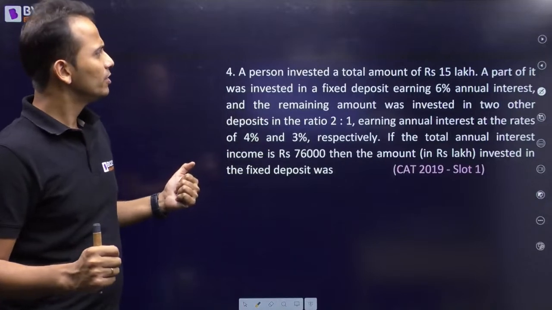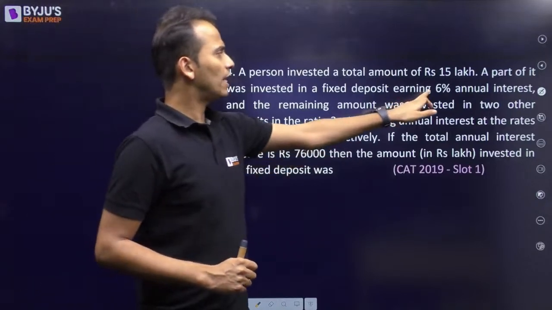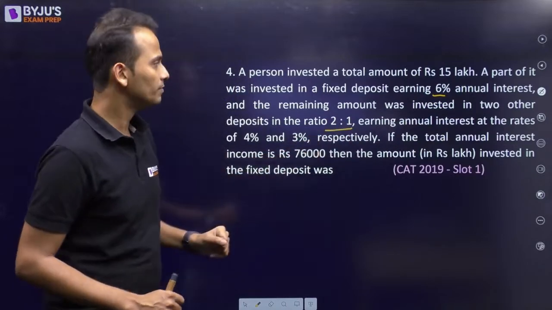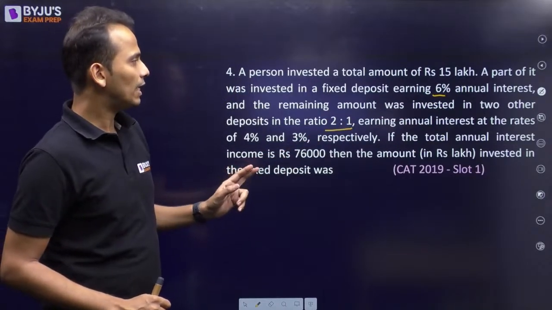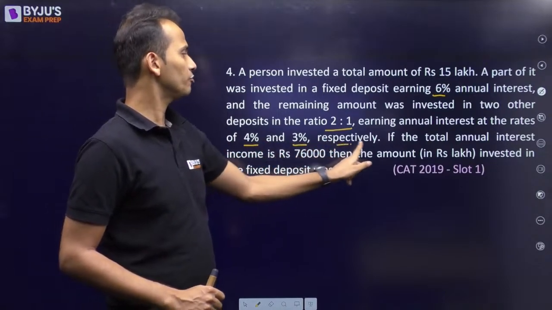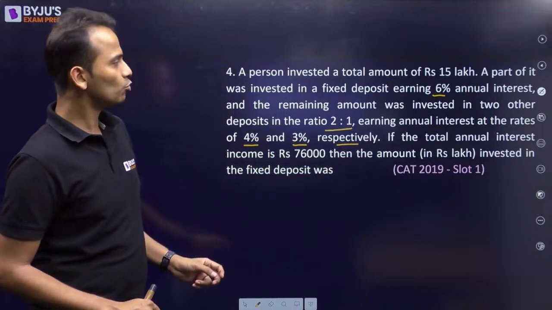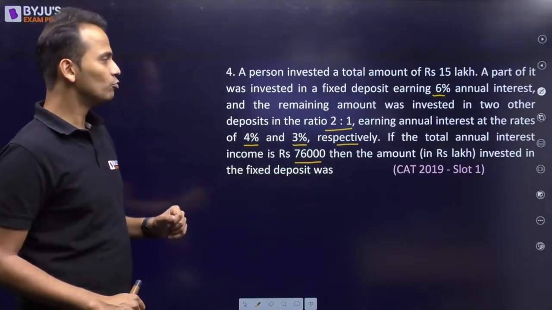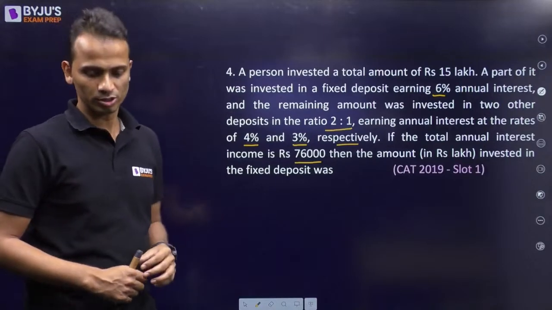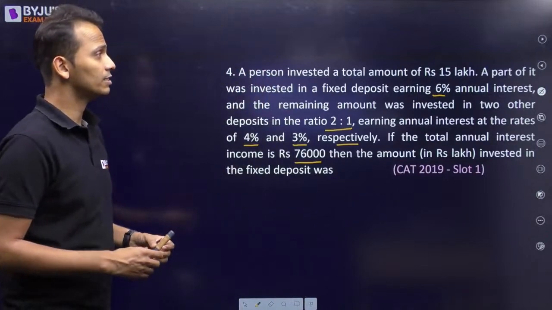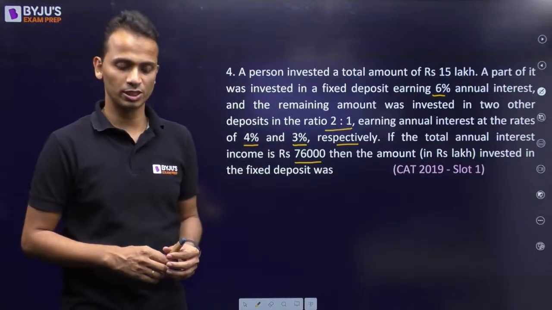Fine. One of the parts was invested at 6%. The other part was divided in the ratio 2:1, and earning the annual interest. So interest rates are 4% and 3% respectively. If the total annual interest is 76,000, then the amount invested in the fixed deposit was how much? So how much has this person invested in the fixed deposit?